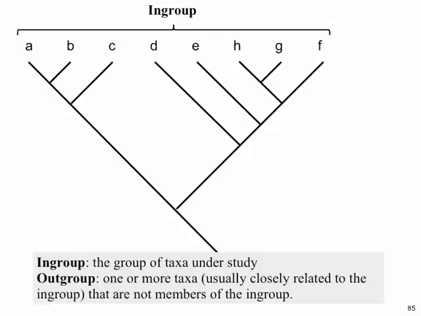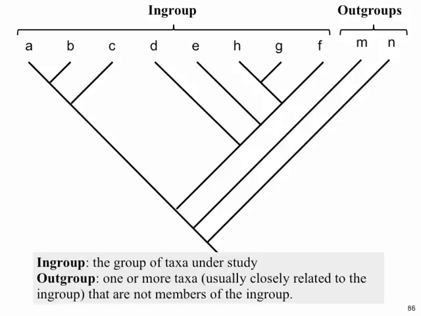So here's our in-group. Here's prior to the existence of the most recent common ancestor, which is right here, of the in-group. So these two branches branch off prior to the existence of the most recent common ancestor of the in-group. And they are, by definition, outgroups compared to the in-group.